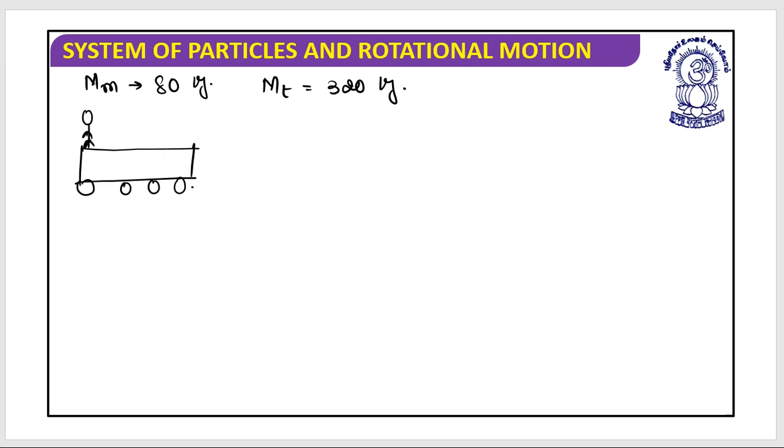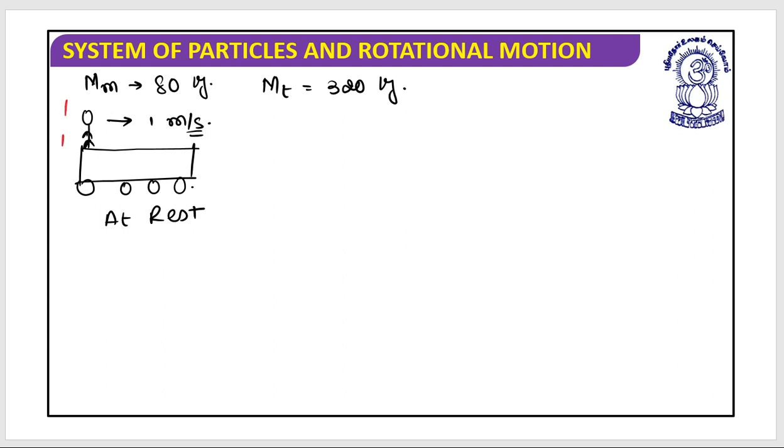If the man starts walking on the trolley along the rails at a speed of 1 meter per second, and initially this system is at rest, and this whole trolley has been placed over a frictionless surface, so no external force is acting on the system.